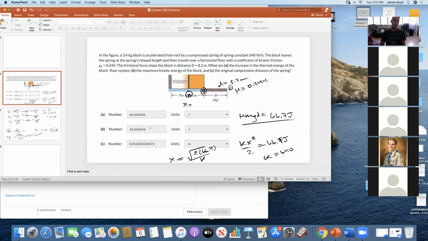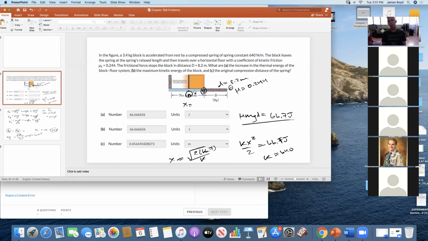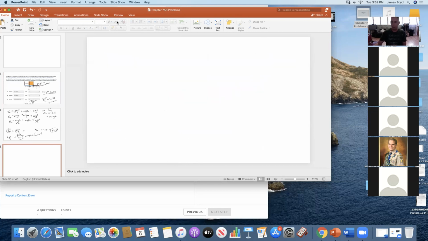So the main takeaways here are, when you have friction, you have to add it to the final energy after it passes through. So EA in this problem was equal to EB, but they were not equal to EC.